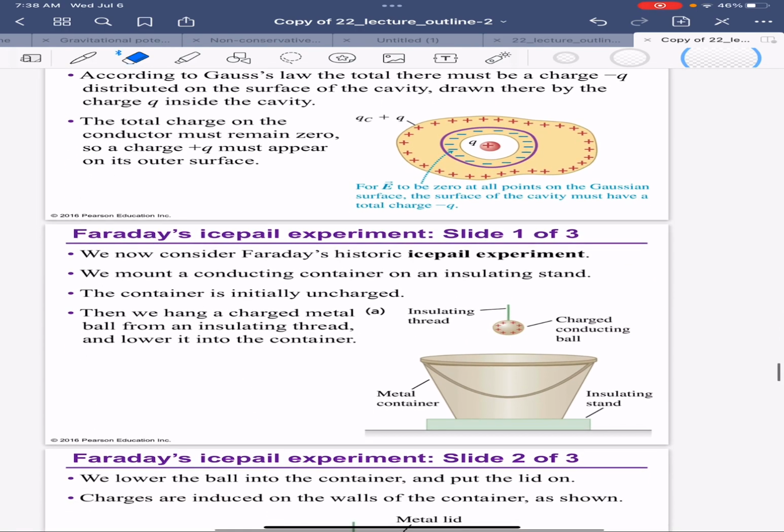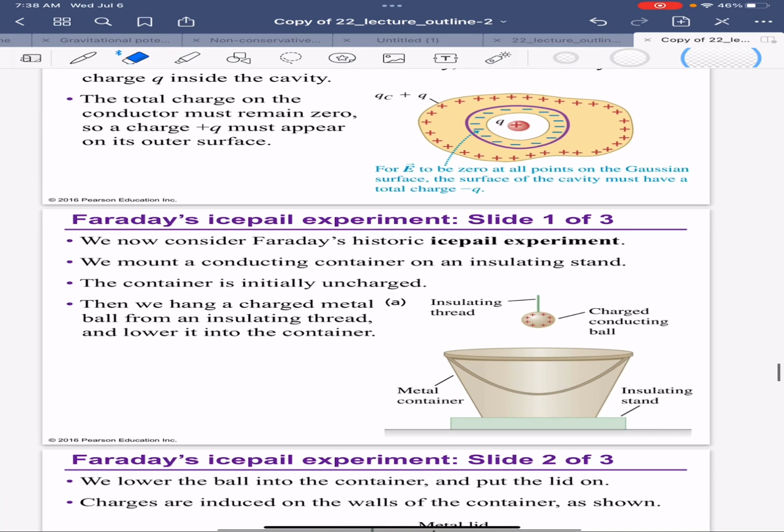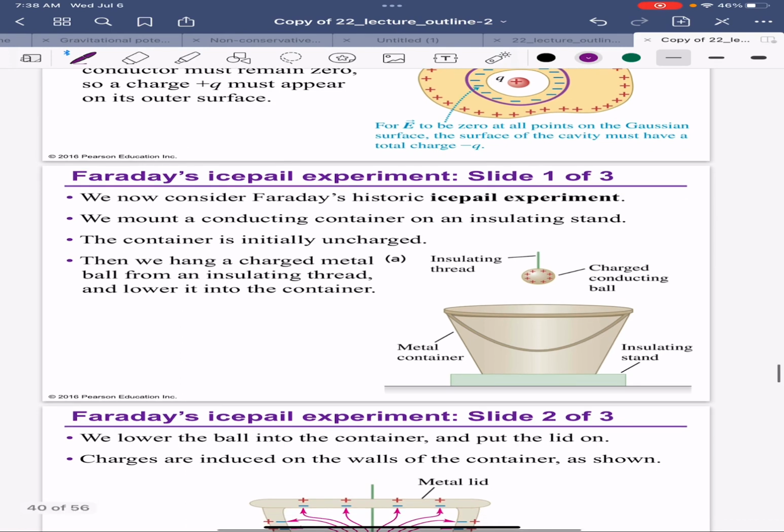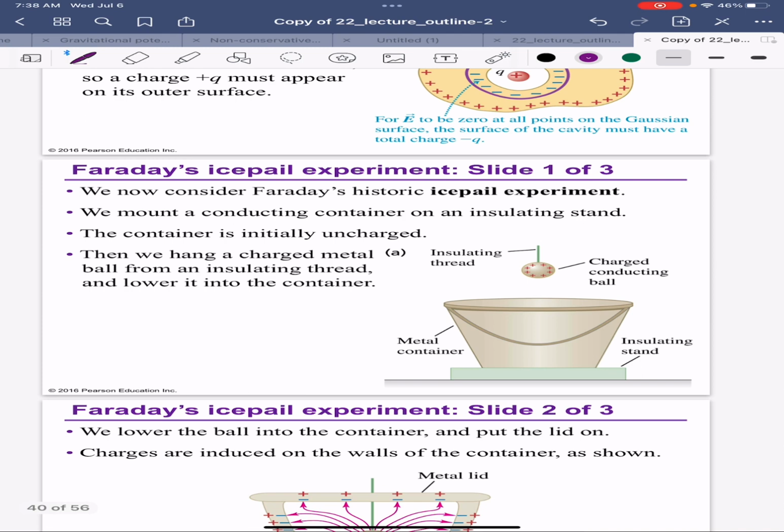This here is an experiment done by Faraday, Faraday's historic ice pail experiment. We mount a conducting container on an insulating stand like this, and the container is initially uncharged.